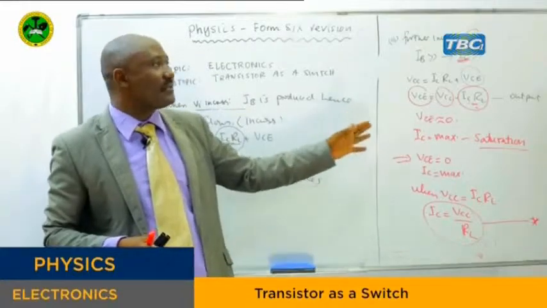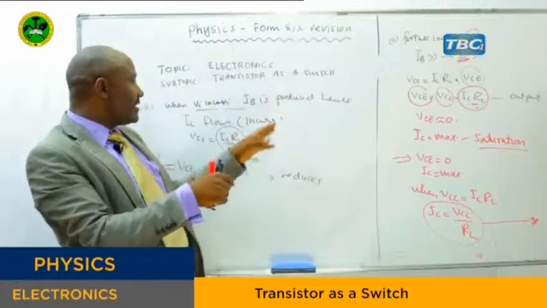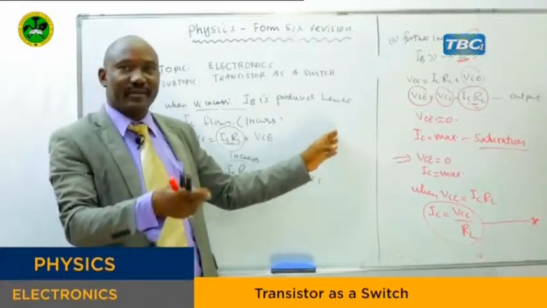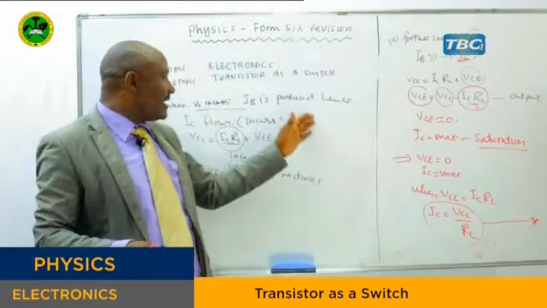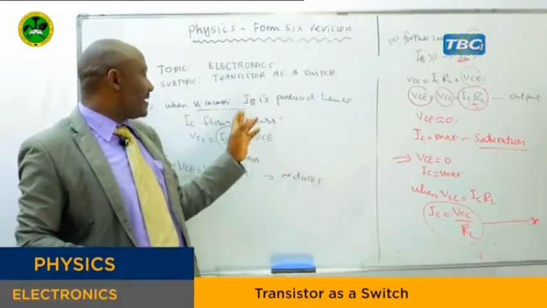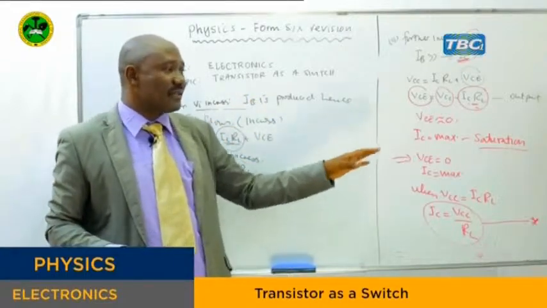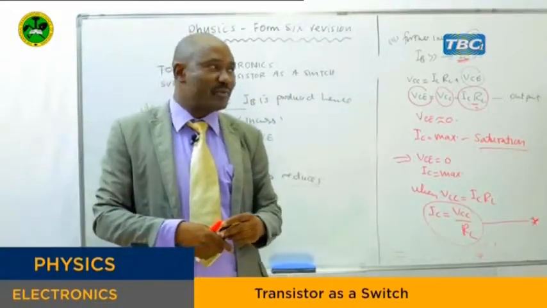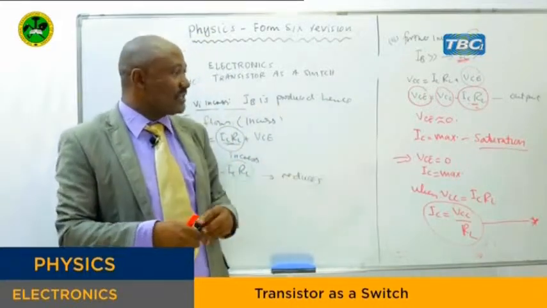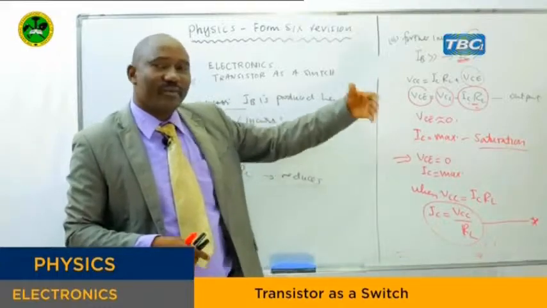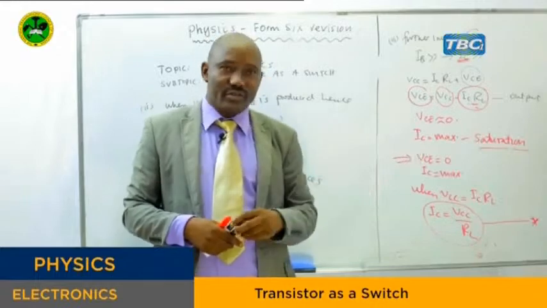We have the cutoff state, when the input is very low, and then we have the region where the transistor is active and makes some amplification, and we have this linearity: the current produced will be linear. Then we have the other region where the transistor is in a saturated state. So when you are given those kinds of conditions, some of them are used for amplification, and others as a switch.